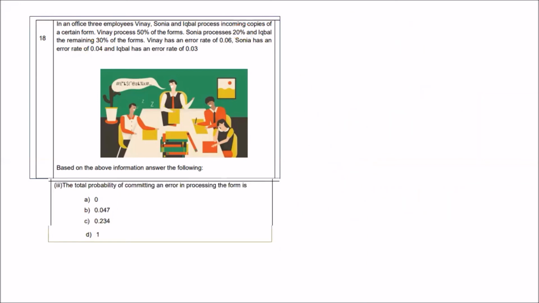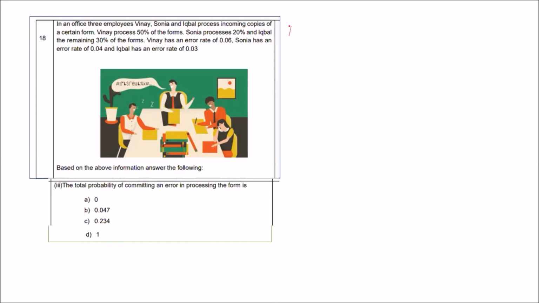Now question number 3. The total probability of committing error. As I was telling, always there will be a question of total probability of doing this sum. As I told, the total probability is a very important question. Total probability of committing error is from everybody.